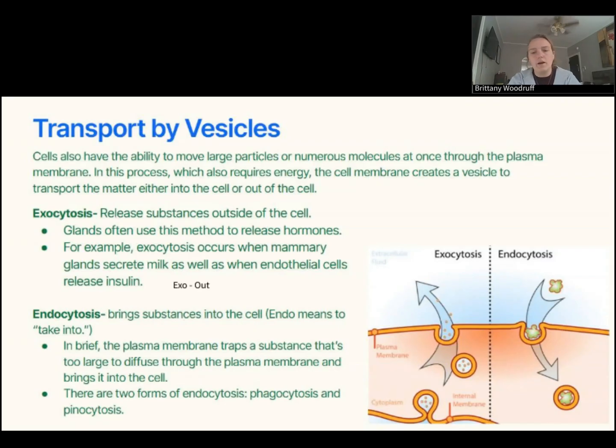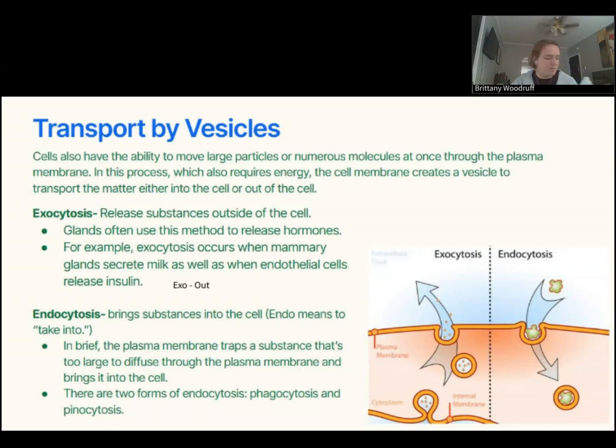You see this a lot in glands. For example, mammary glands make milk, right? Milk does not diffuse through the plasma membrane. It's too big to go through, so you need some other way to get it through.